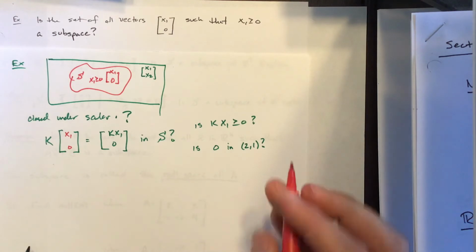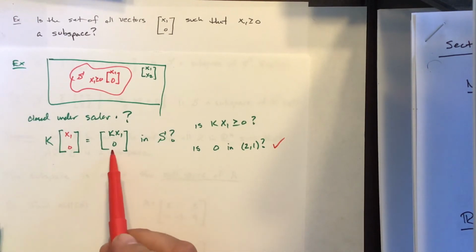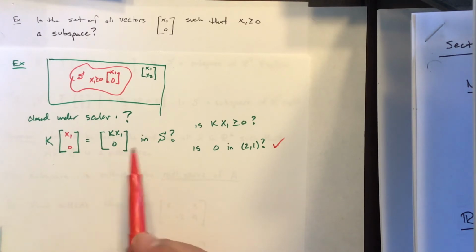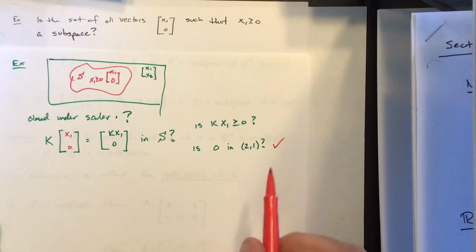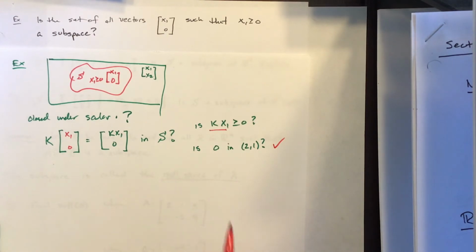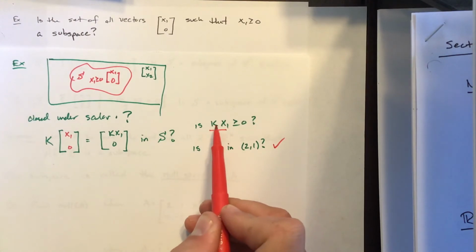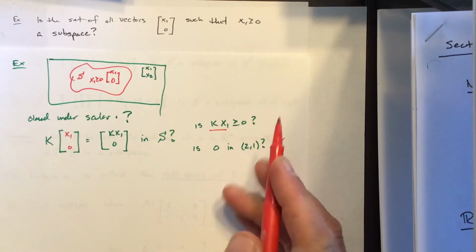The answer is clear to the second question. There is a 0 in the second slot, so it satisfies that portion of the criteria. But is k x1 greater than or equal to 0? Well, x1 is greater than or equal to 0, so can I multiply x1 by any scalar k and have that be greater than or equal to 0?